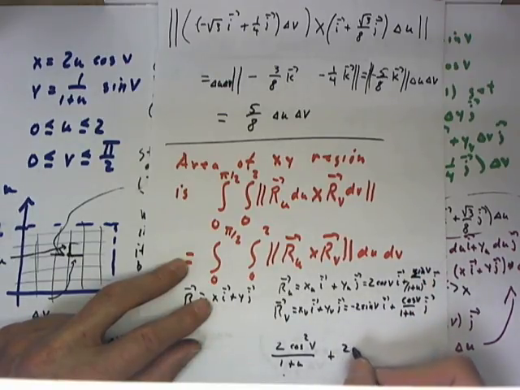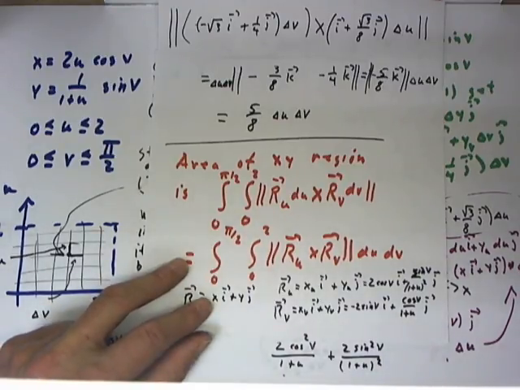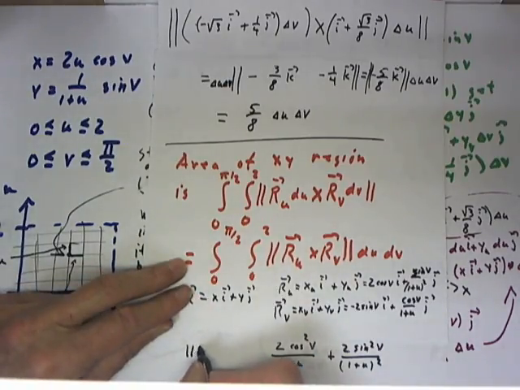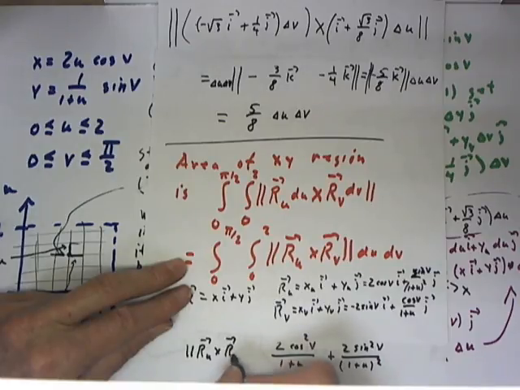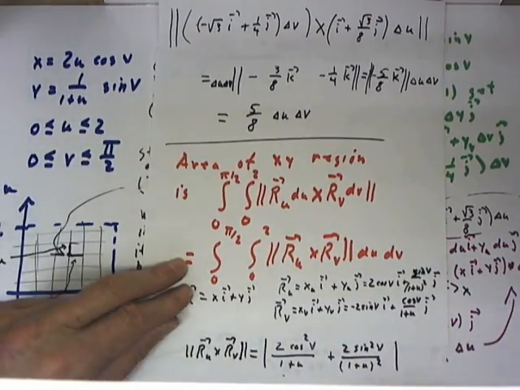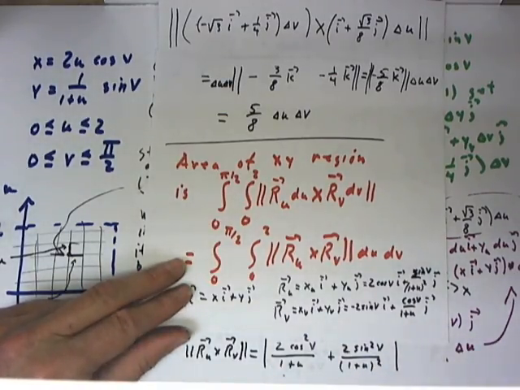It's going to be 2 sine squared v over quantity 1 plus u squared. So that the magnitude of ru cross rv is the absolute value of this sum.